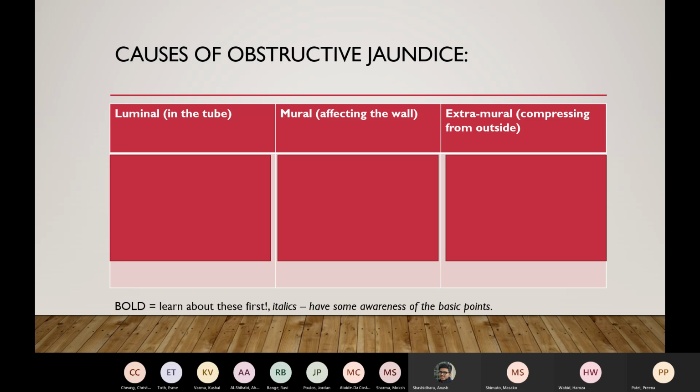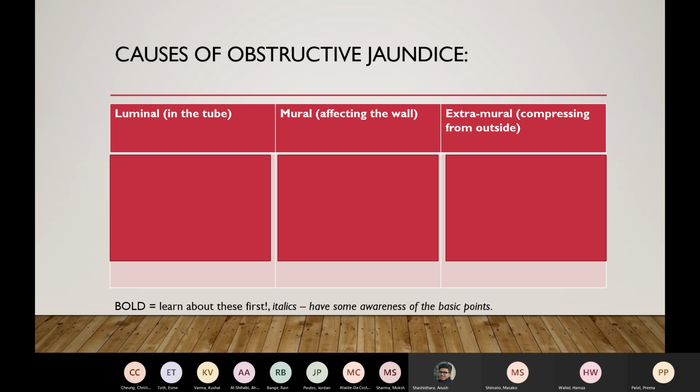Anything else? Nope. Okay, don't worry. So the ones I have are head of pancreas cancer, pancreatitis, lymph nodes near the biliary tree and the portal vein, which then get bigger for many reasons, and then Mirizzi syndrome.